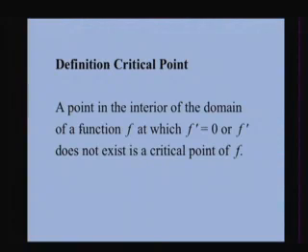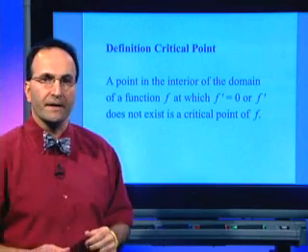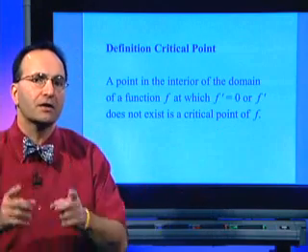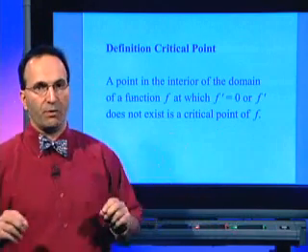Definition of a critical point. A point in the interior of the domain of a function f at which the first derivative is equal to 0 or the first derivative does not exist is called a critical point of f. So, in summary, extreme values occur only at critical points or endpoints.